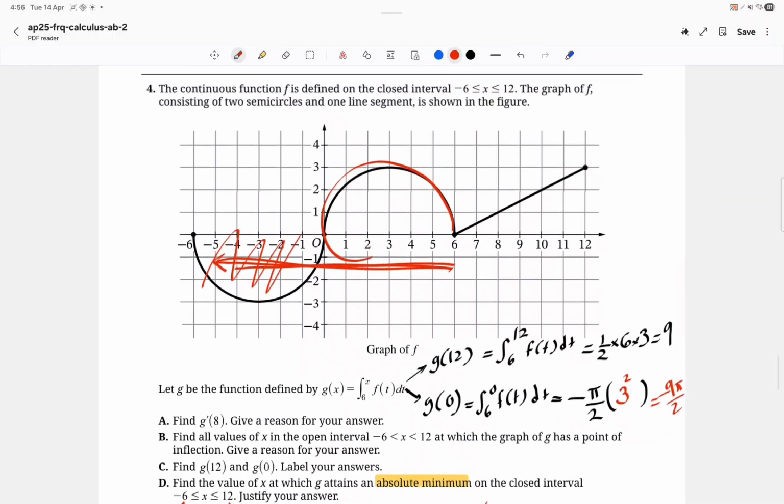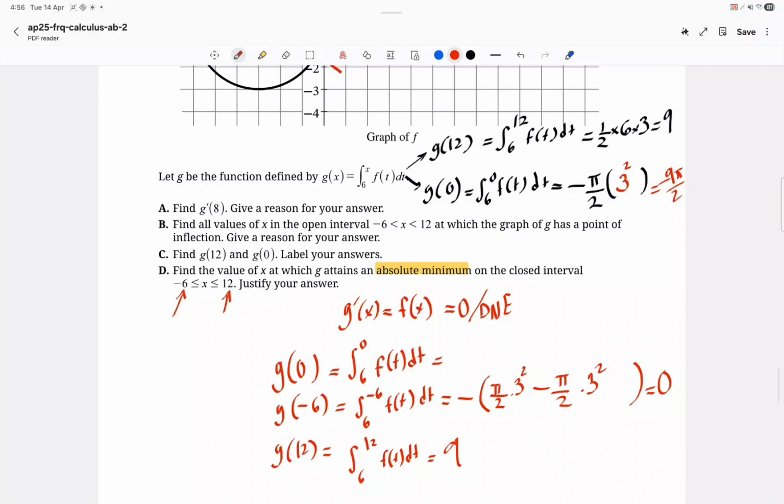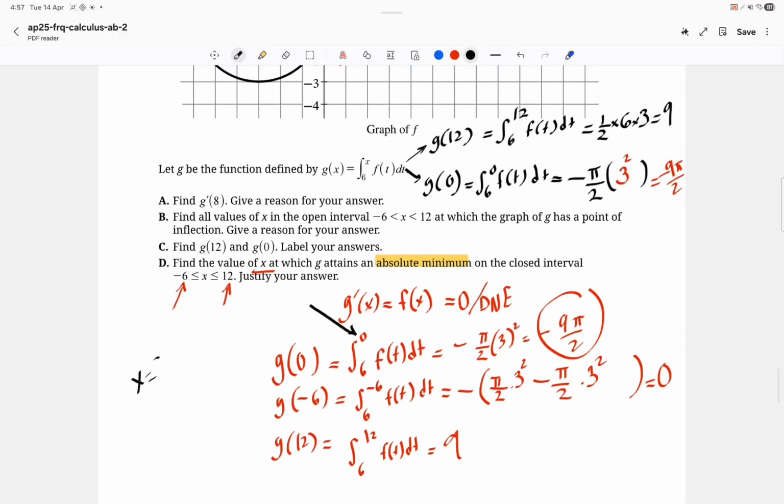And now from 6 to 0, you must go left, negative, which means negative pi over 2 r squared, so negative 9 pi over 2. And the smallest number here is the negative number. So you're going to say x equals 0 because G of 0 is negative 9 pi over 2, which is the least.